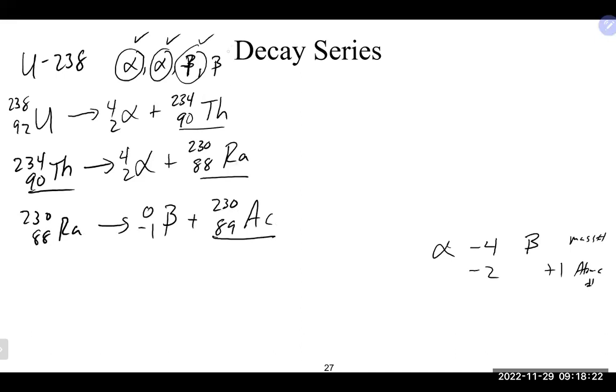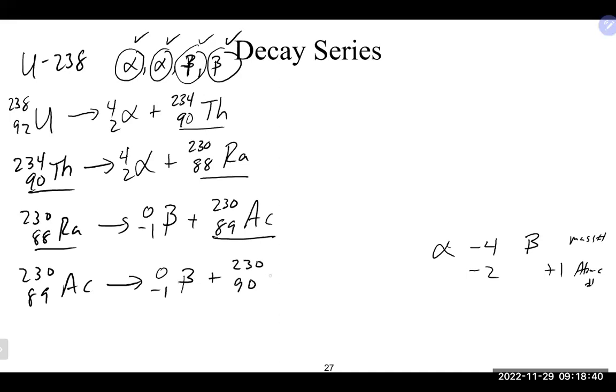Then lastly, in this short little decay series, we would take our 230, 89, and it would go through one more beta decay, and that would get us to a 90, 230. And again, 90 here would put us back at Th.